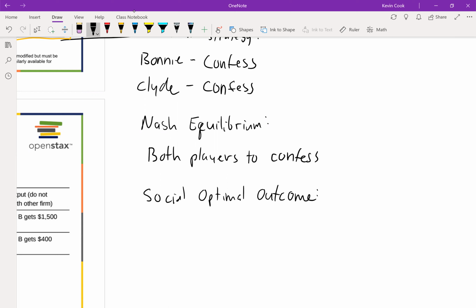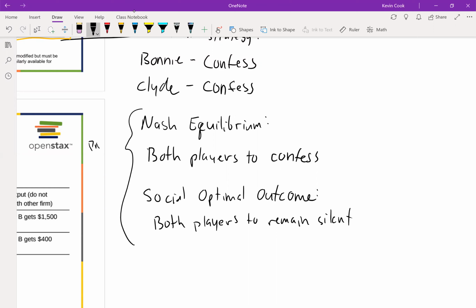Maybe society wants Bonnie and Clyde locked up for life, but in this situation, we're looking at who's in the game. So our Nash equilibrium is both players confess, but ideally, the socially optimal would be for both players to remain silent. And this is the framework of the prisoner's dilemma.